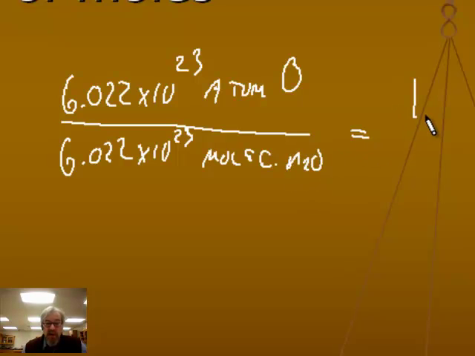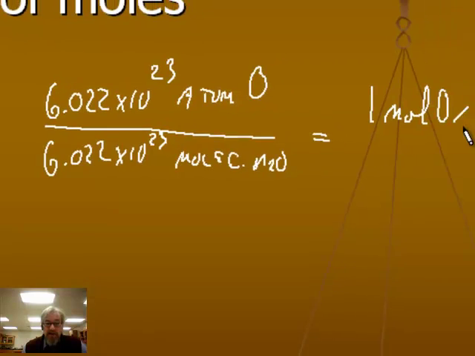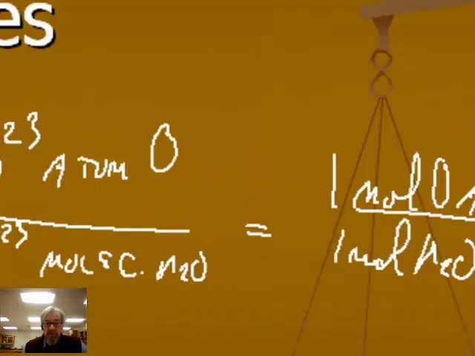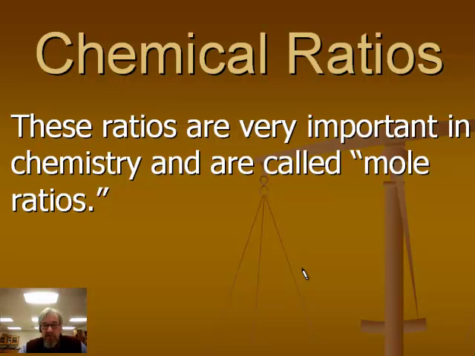This is the same as saying 1 mole of oxygen atoms goes to 1 mole of H2O molecules. It's the same ratio. These ratios have a descriptive but not very creative name. They're called mole ratios. They're extremely important in chemistry. We use them to make calculations and predictions all the time. We'll learn more about that later on.